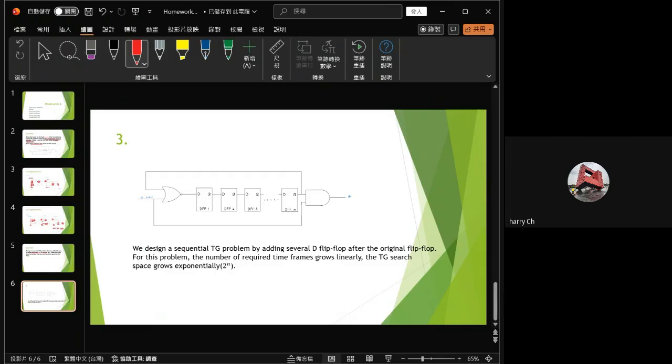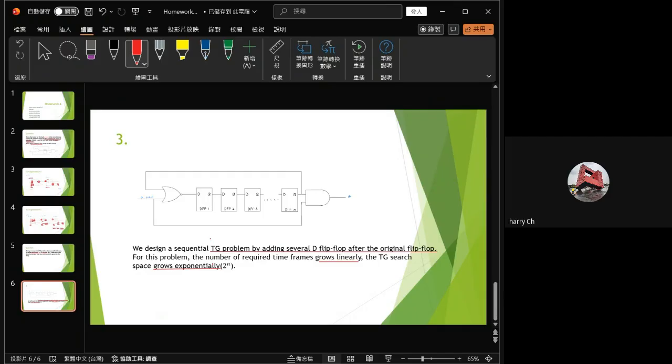We design a sequential test generation problem by adding several flip-flops after the original circuit. So in this problem, the number of required time frames grows linearly. The test generation search space grows exponentially, by 2 to the power of n.